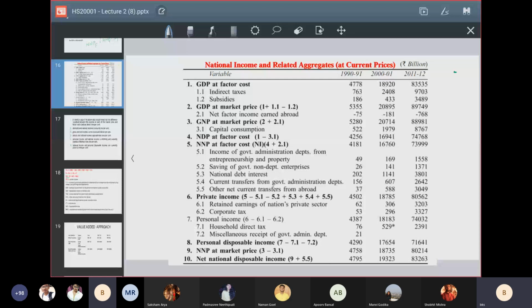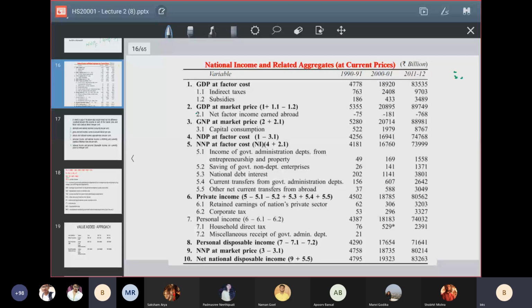We add the indirect taxes and subtract subsidies to get GDP at market prices: GDP at factor cost plus indirect taxes minus subsidies.